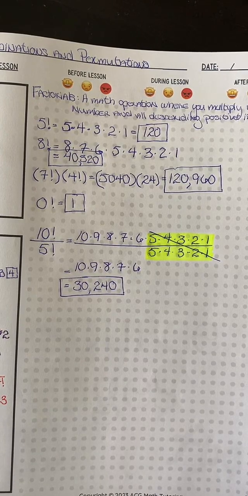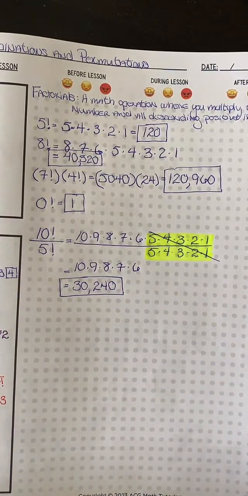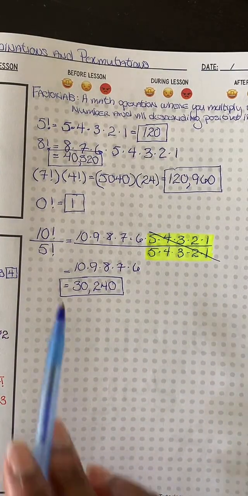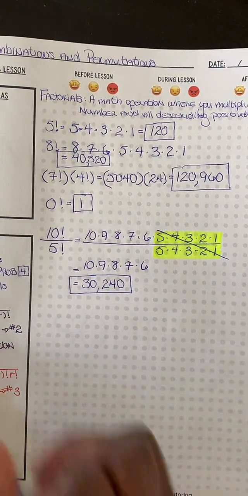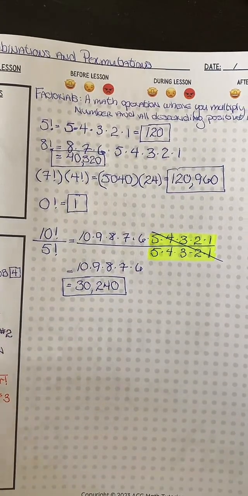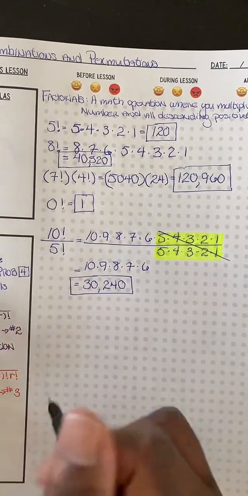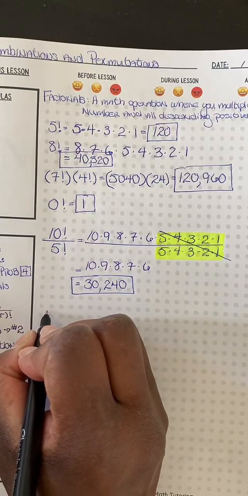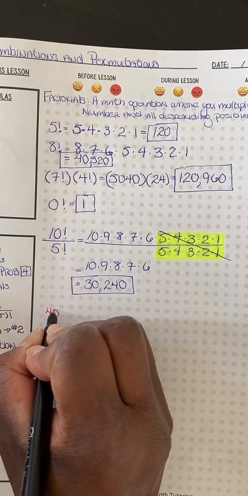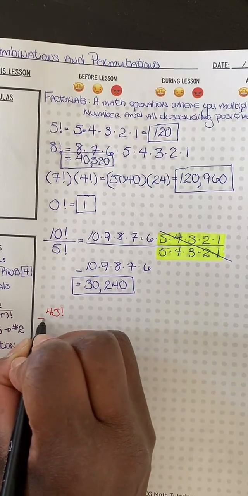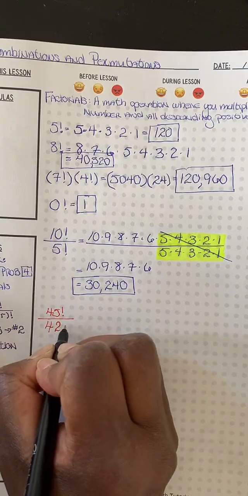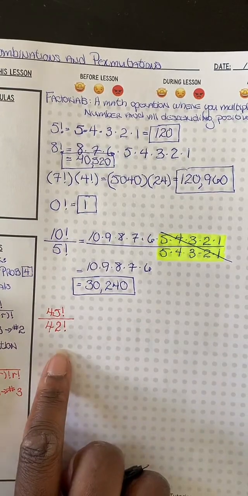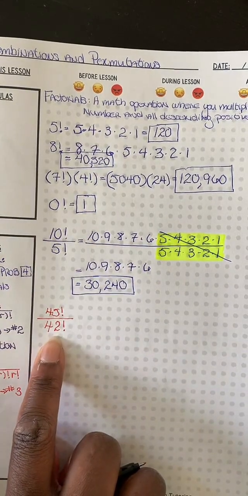All right. So taking a look at this, if you really want to be able to break it down, you can do that. Okay. So same thing. Let me try one more time. Let me switch pens so it doesn't just blend in with the background. So if I said 45 factorial over 42 factorial, you're like, oh God, Audrey. No, it's okay. I don't want you to just divide 45 and 42.